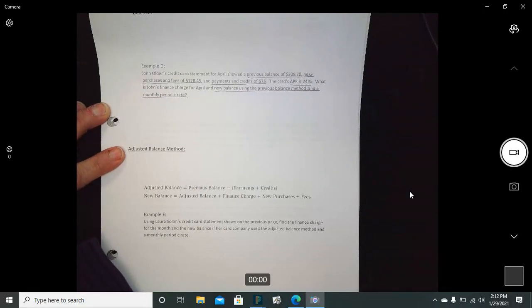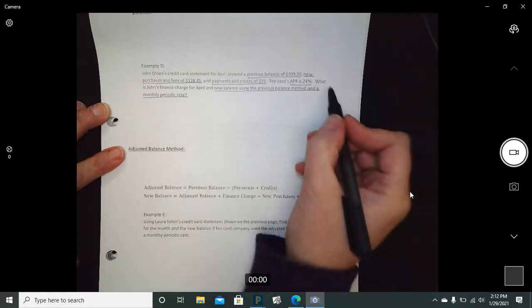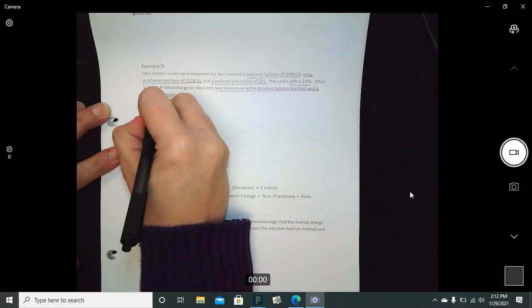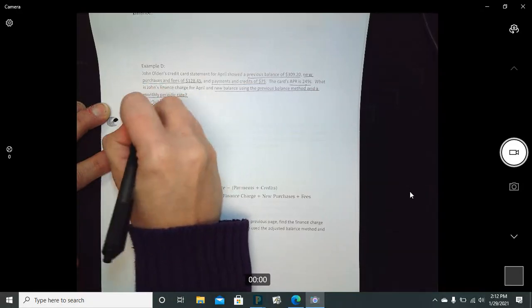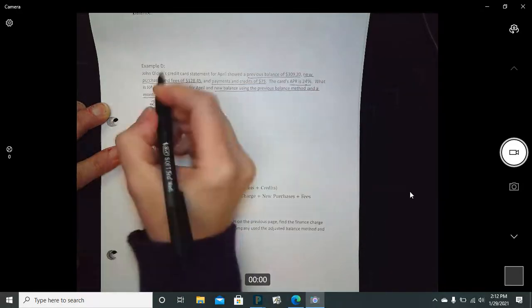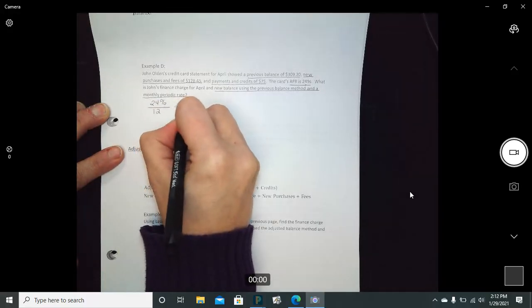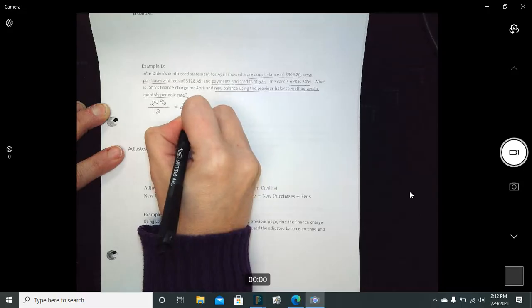We're looking at a monthly periodic rate and we have an APR of 24%. So we're going to take our 24%, divide that by 12 because we're looking at monthly, and we're looking at 2% is what we need to know for the moment.